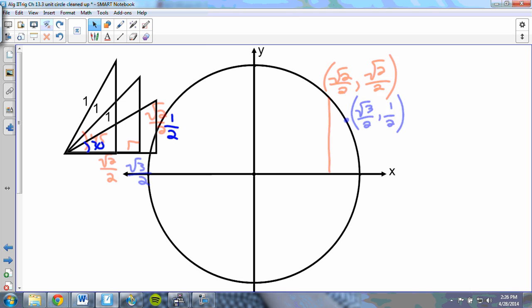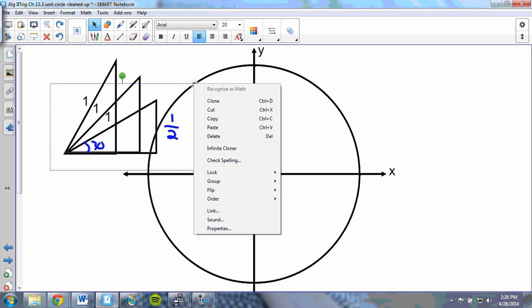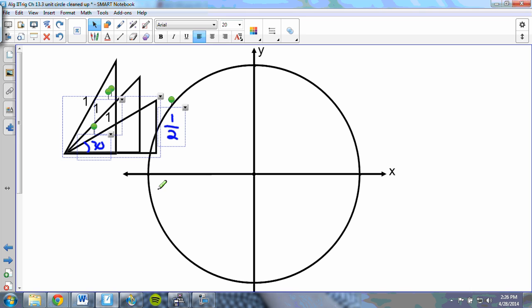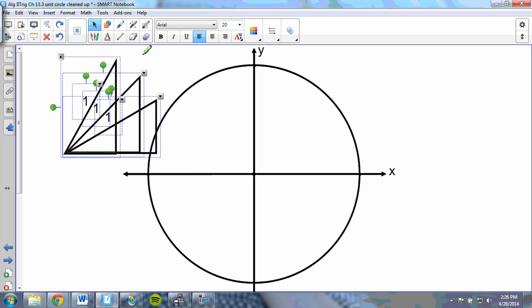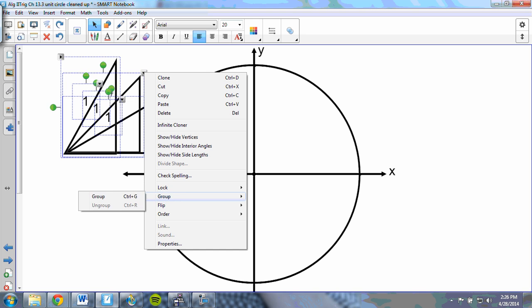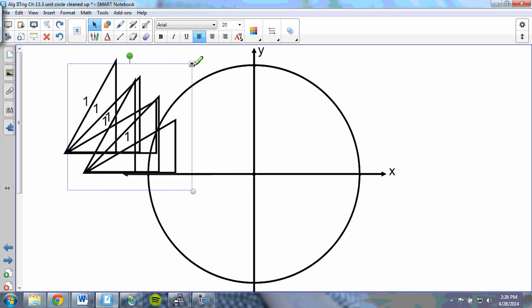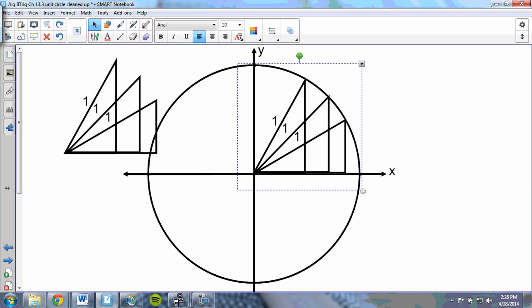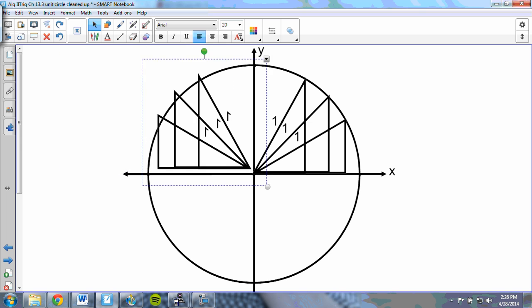Clear all my writing. I'm going to group these 3 up together. Clone it. So one of these we've already had. But now we can take another one and find 3 more points.